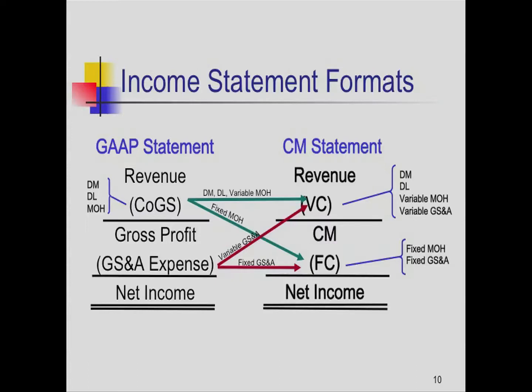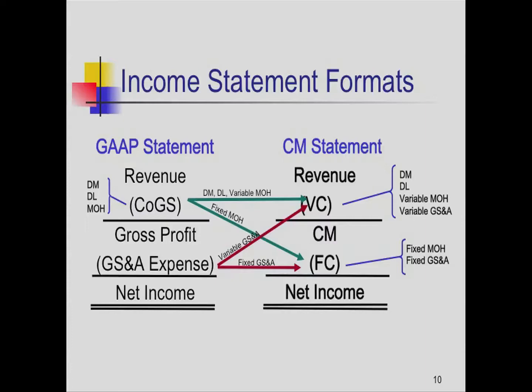No matter how efficient they are in that department, they're still going to have to pay the same rent. So by splitting the cost between behaviors, it's going to be more useful to the manager, and then we're going to show you how you can also use it for break-even.